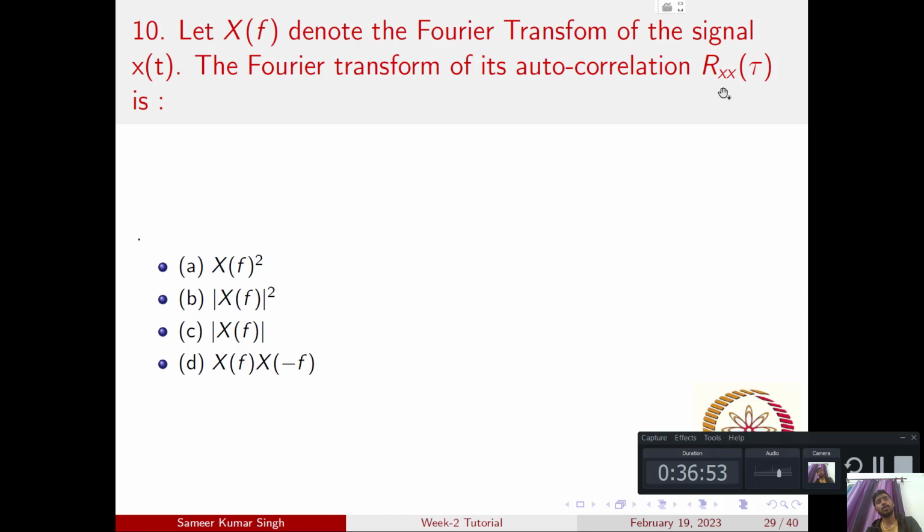So we have to calculate the autocorrelation of x(t) in the time domain. I'm giving you 2 minutes, please try this.